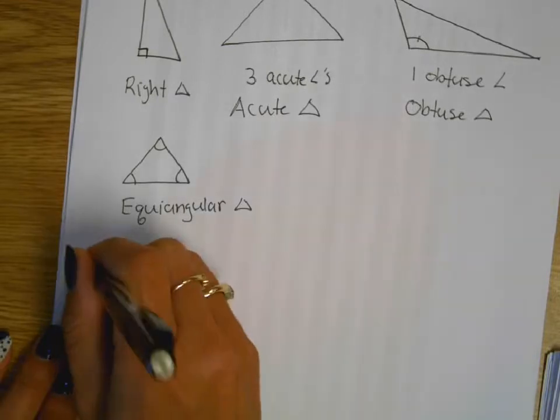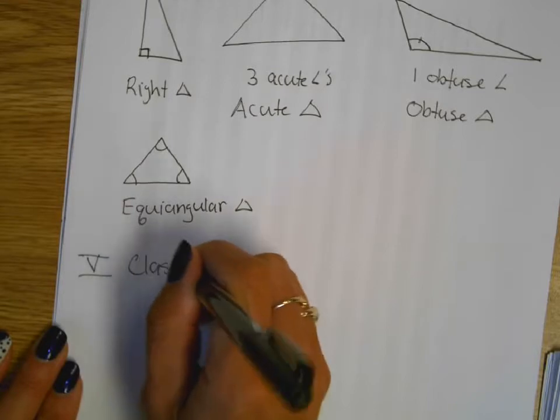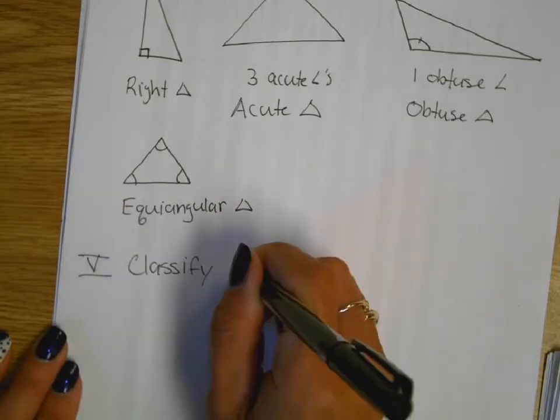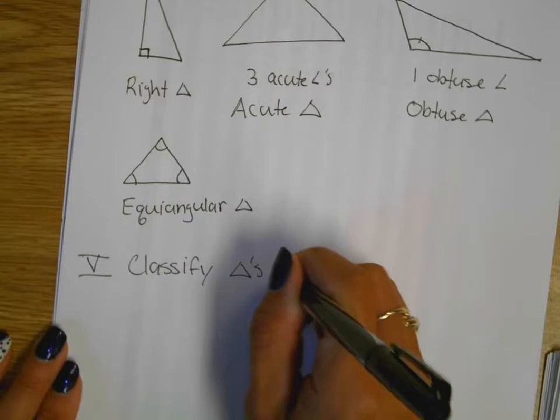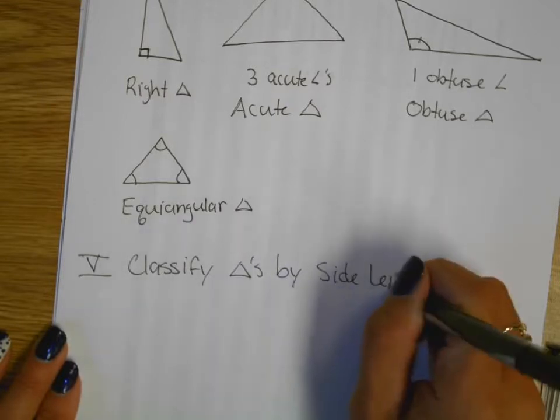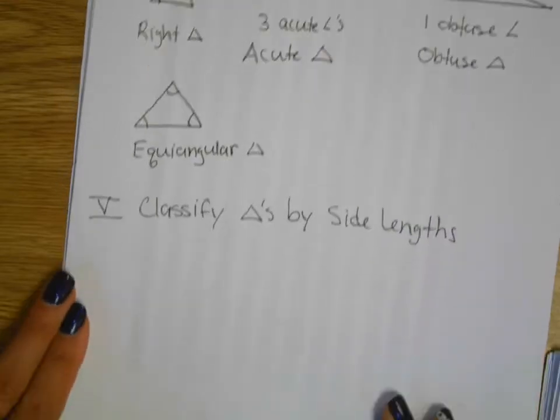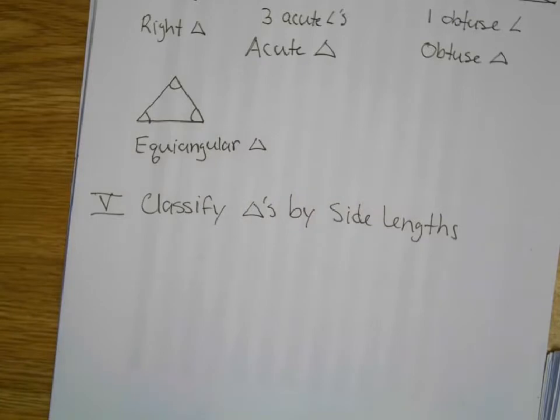Now let's classify by side lengths. So you're looking at how long the sides are in reference to each other. What can happen on the side length? Could all 3 sides be the same length?